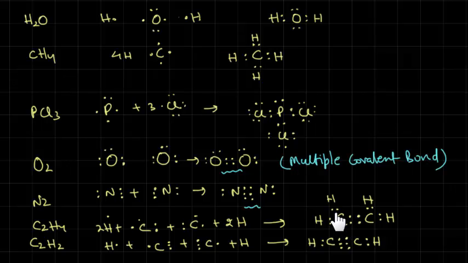This is an example where you have a single covalent bond and double covalent bond both. Again carbon will have 8. C2H2: carbon and carbon will share 3 each and carbon and hydrogen will share 1 each. So again this is a case of multiple covalent bond and a triple bond.